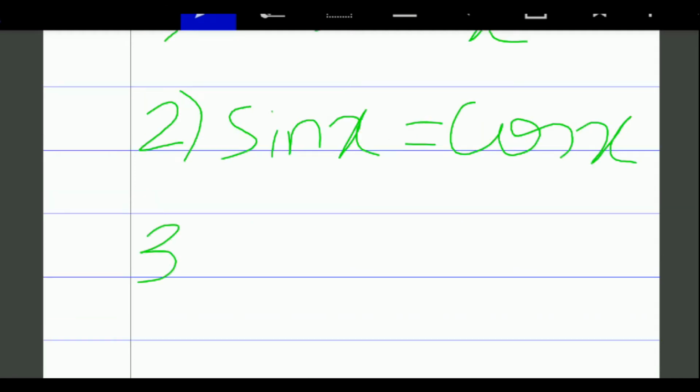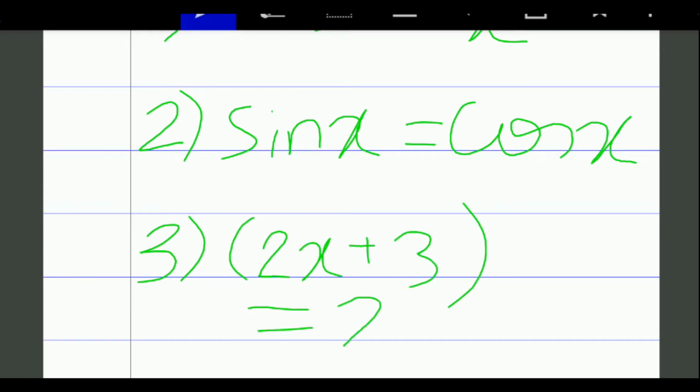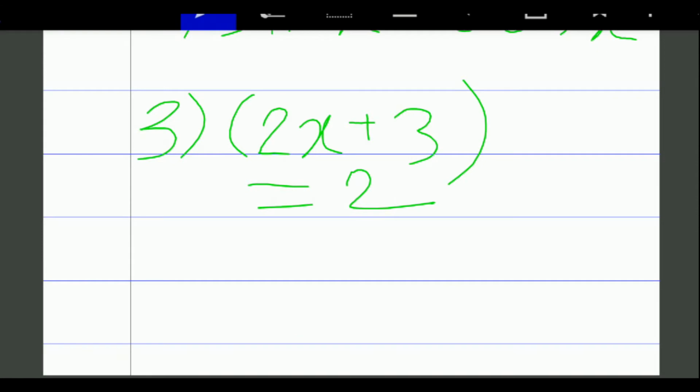And the third rule is for 2x plus 3: derivation of x is 1 and for the constant is 0, so the remaining 2 will be the answer.